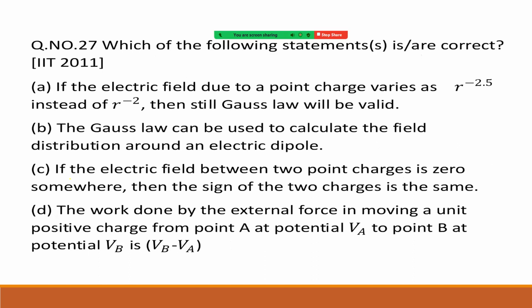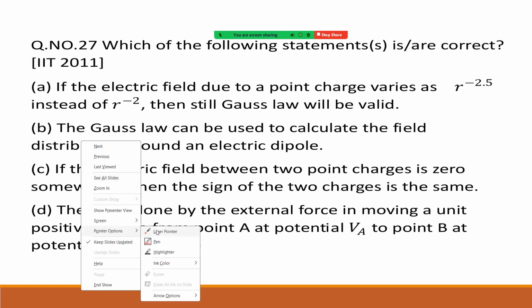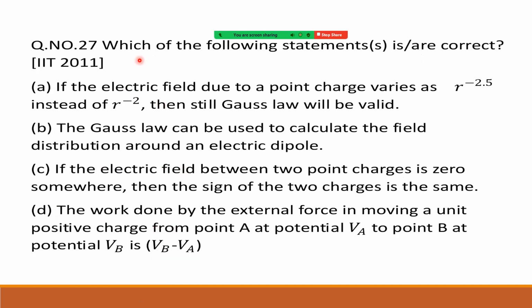Now see the next problem. This question is also from previous IIT 2011. See what is given. Which of the following statements are correct? Option A: if the electric field due to a point charge varies as r to the power minus 2.5 instead of r to the power minus 2, then Gauss law will still be valid.